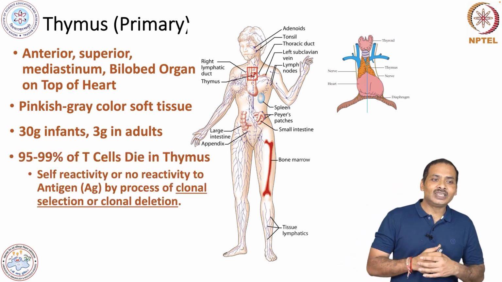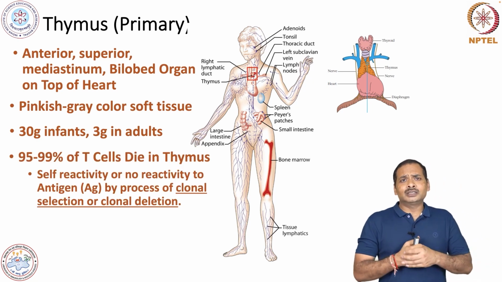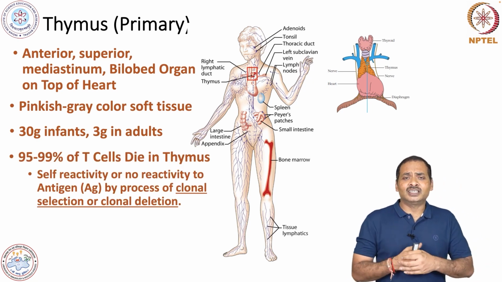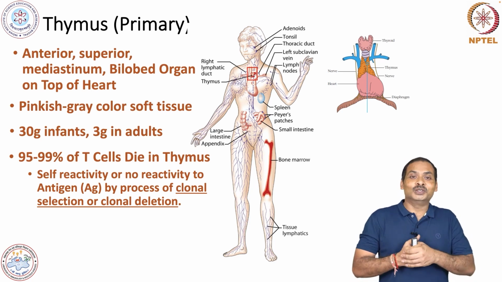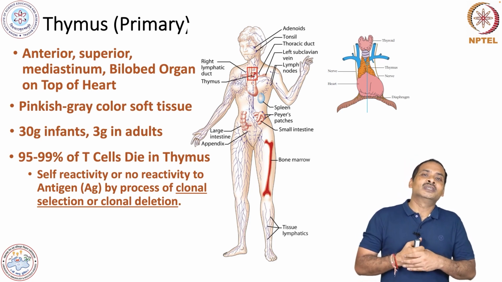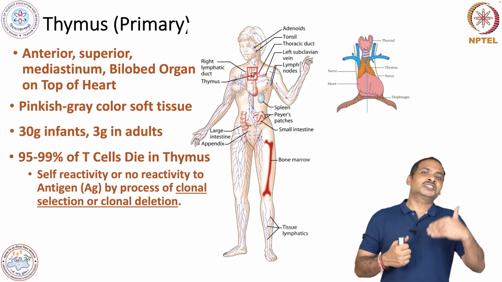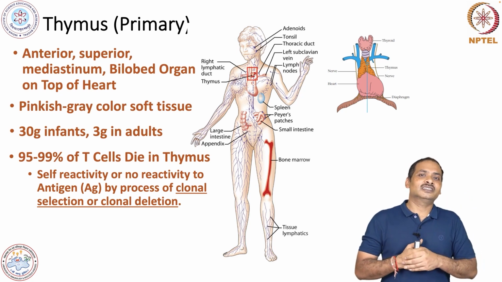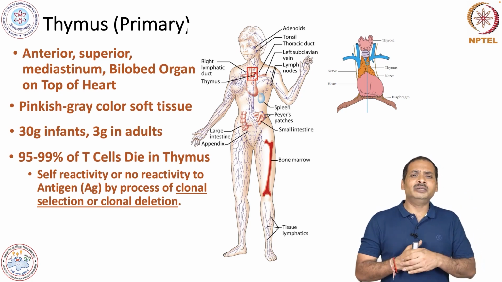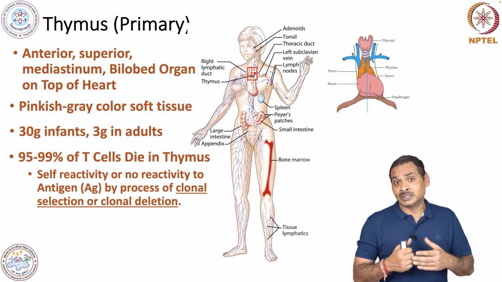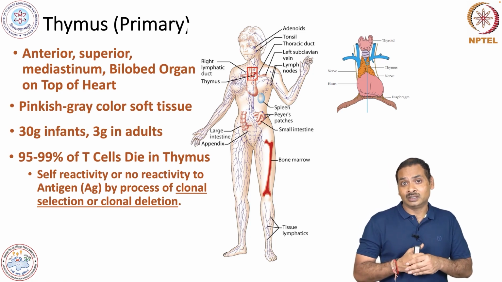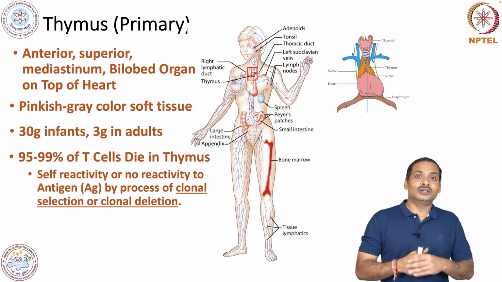This is the place where T cells are generated, and it's very interesting to know that most of the T cells generated or educated in the thymus undergo apoptosis, programmed cell death, or they die.